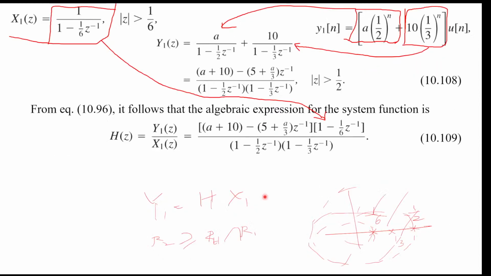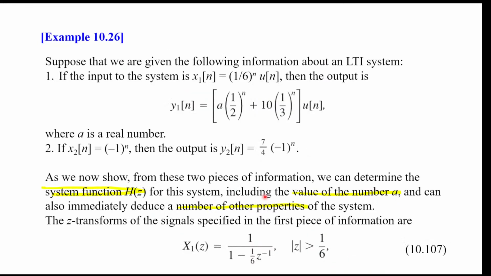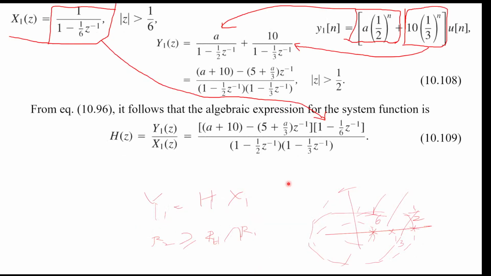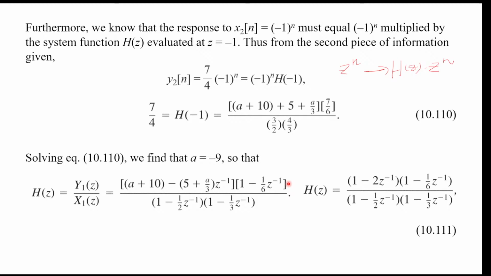And then for the second condition, it's harder. The second condition is harder because those two signals don't have convergent z transform, because this minus 1 to the n is just convergent everywhere. But just like those, we have seen similar questions in Laplace transform.